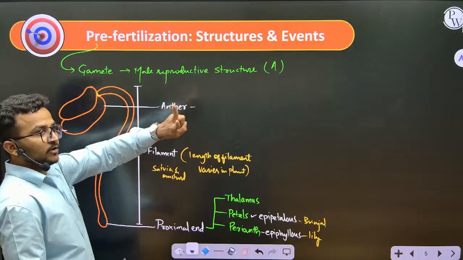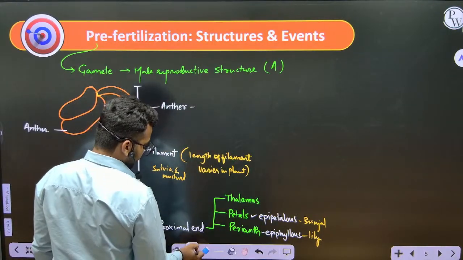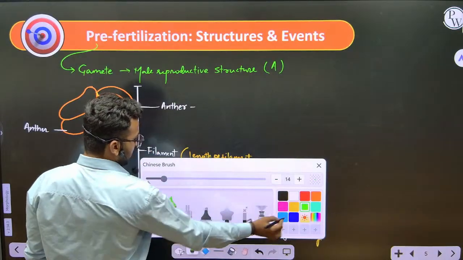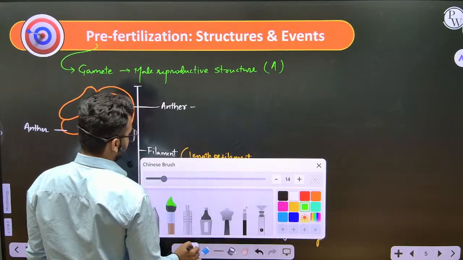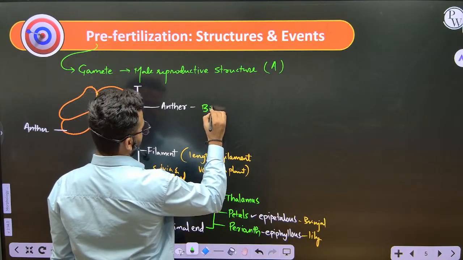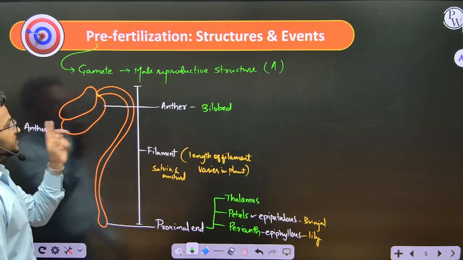Bilobed means two lobes are there. This is one lobe, this is another lobe. This anther is in the bilobed condition.